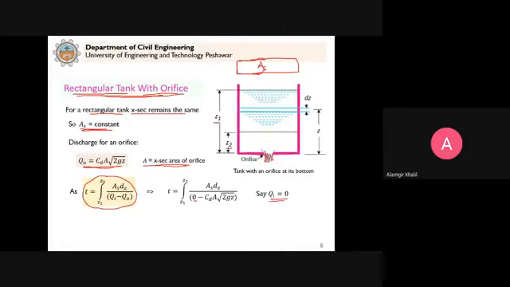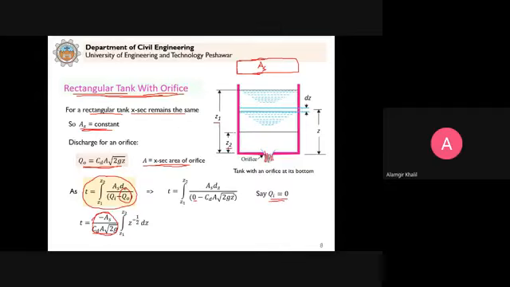Now instead of Q naught, we just write down the formula here. If I want to evaluate the integral, I can write the constant outside, because you can see here minus Cd A times under root 2g is constant, and As is also constant. And you already know that anything constant can be written outside the integral sign.